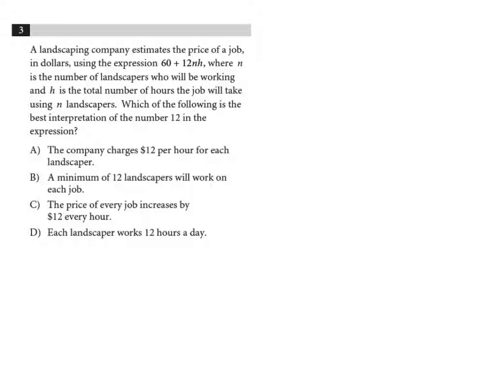N is the number of landscapers who'll be working, and H is the total number of hours it will take using N landscapers. Which of the following is the best interpretation of the number 12 in the expression?